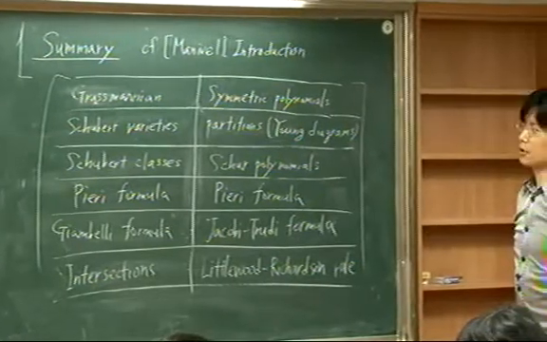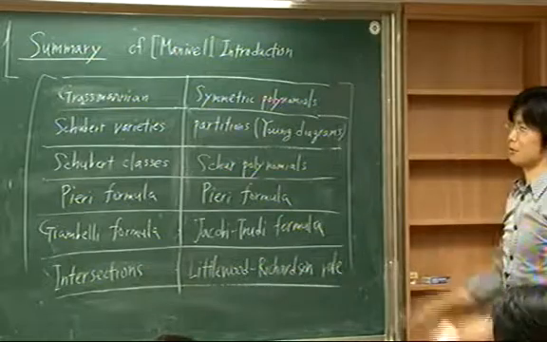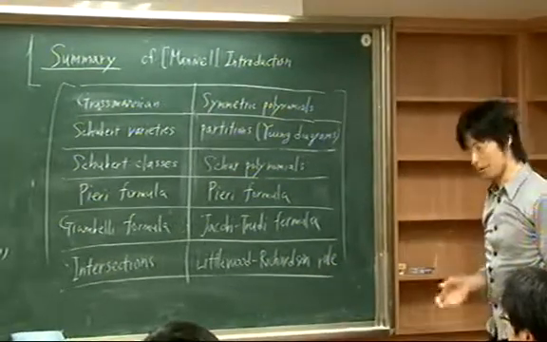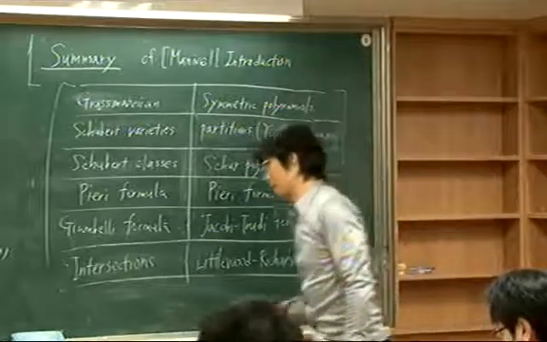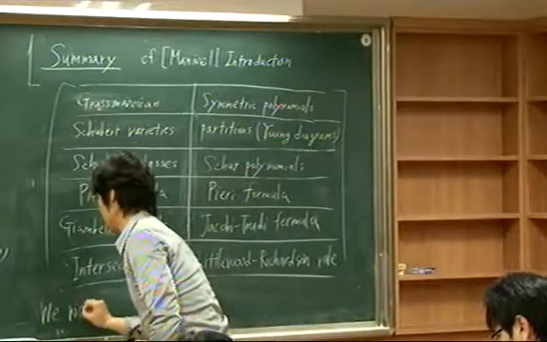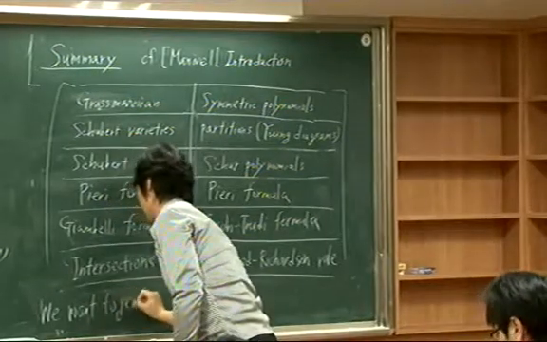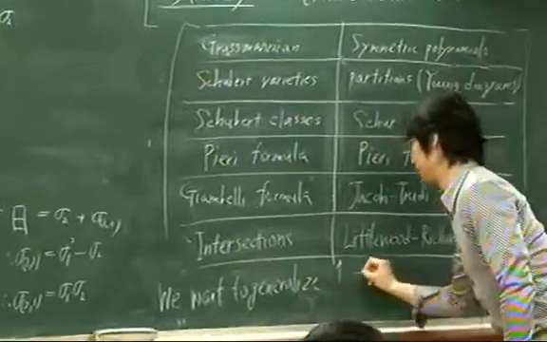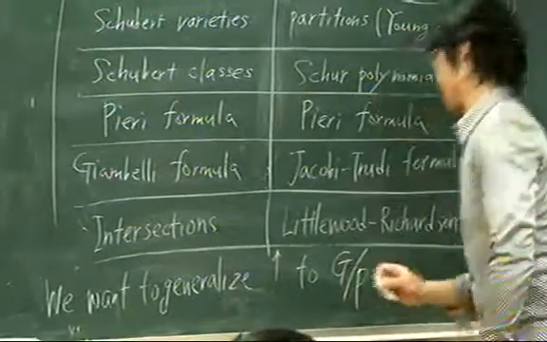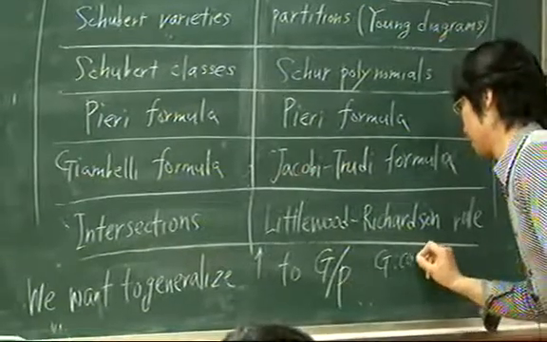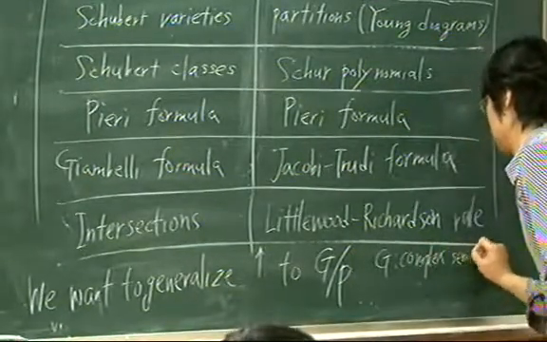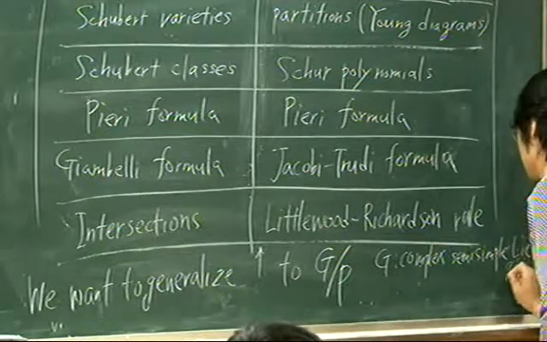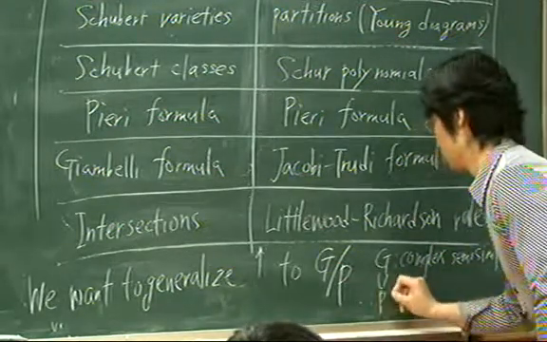So we would like to generalize these phenomena to other homogeneous spaces, such as the Lagrangian Grassmannian or orthogonal Grassmannian, or more generally, we want to generalize this phenomenon to general G over P. Here G is a complex semisimple Lie group, and P a general parabolic subgroup.